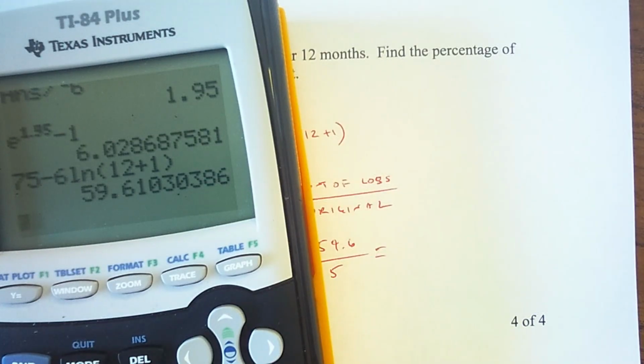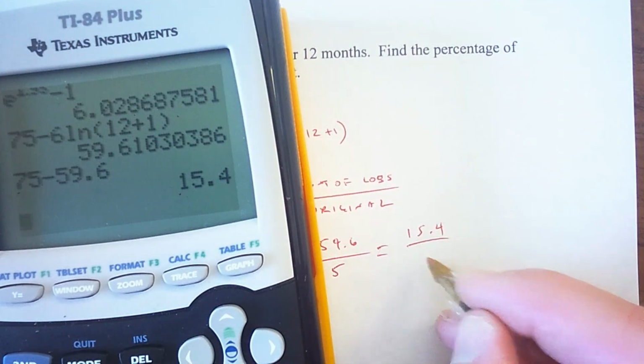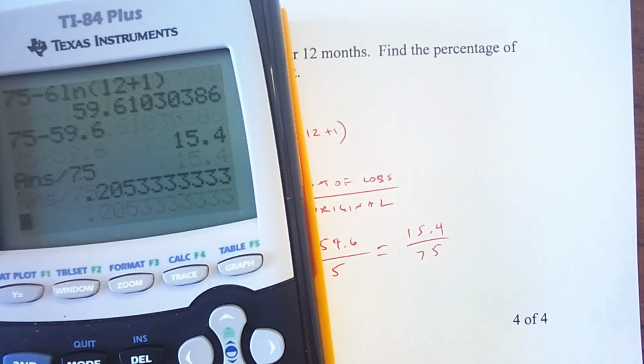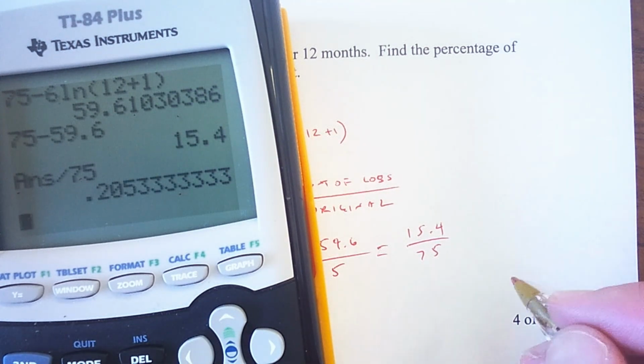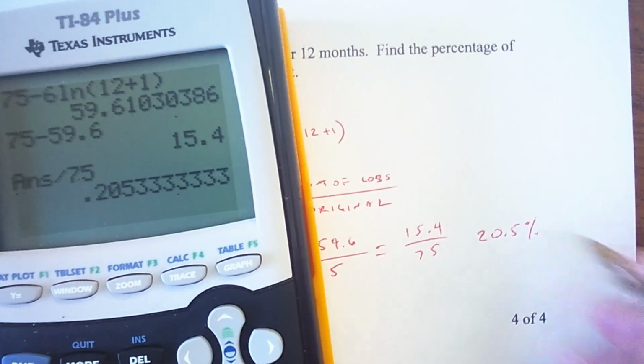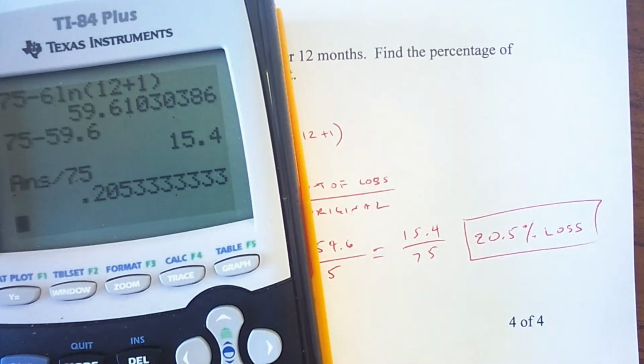So 75 minus 59.6 is 15.4 divided by 75 is 20.5. So there's a 20.5% loss over 12 months.